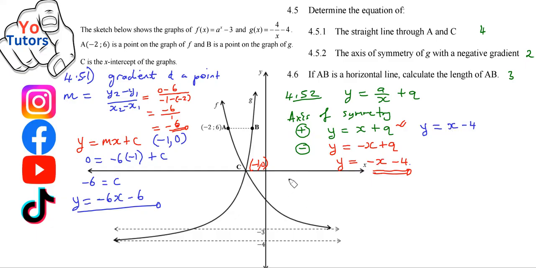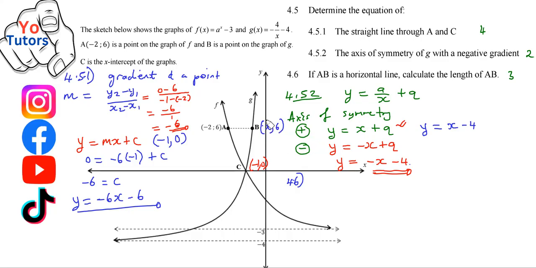Okay, now let's look at the last question, which is 4.6. If AB is a horizontal line, calculate the length of AB. Remember what I told you the first time: if this is a horizontal line, it means that we have the y value. So it's (x, 6).